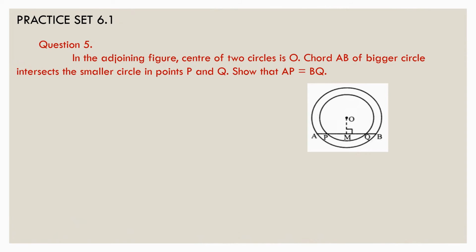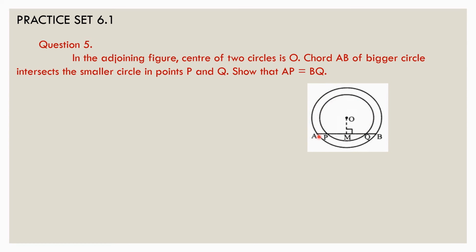Question number 5. In the adjoining figure, the center of two circles is O. Chord AB of the bigger circle intersects the smaller circle in points P and Q. Show that AP is equal to BQ. The figure is given. Here there are two circles, one is the smaller circle and another one is the bigger circle.